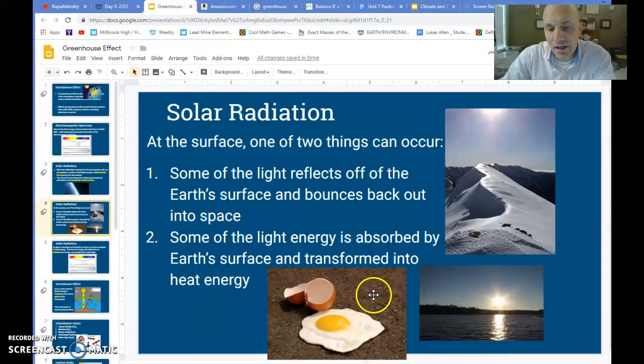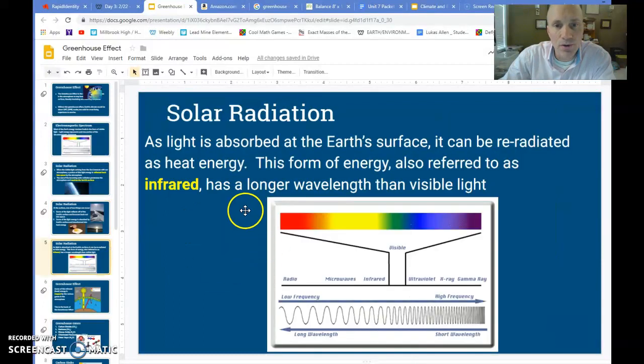So if you have that really hot pavement on a summer day, the question is, why doesn't that pavement stay hot permanently? Why does it eventually cool down? It has to do with a property that materials have, and that is that they can re-radiate heat energy.